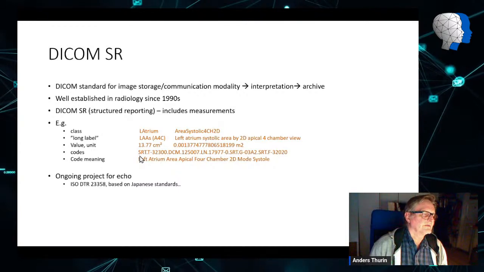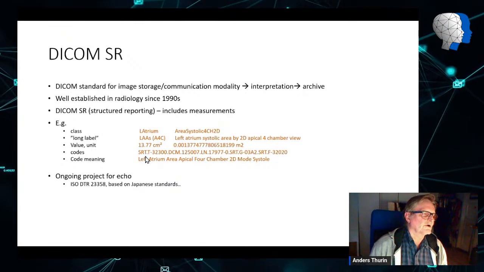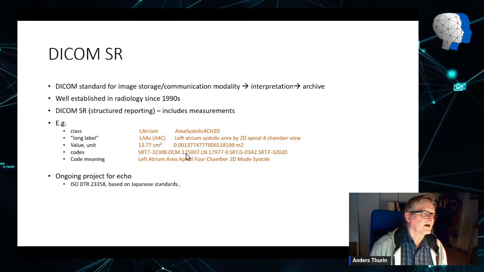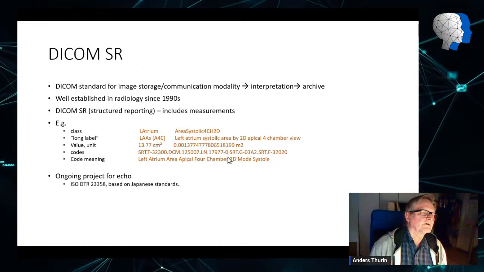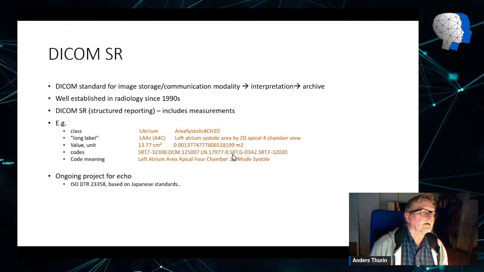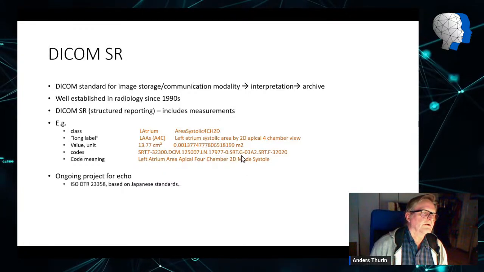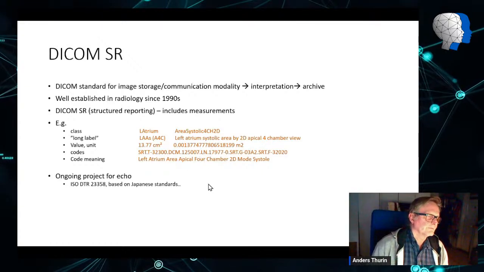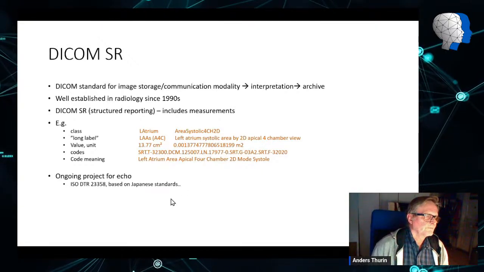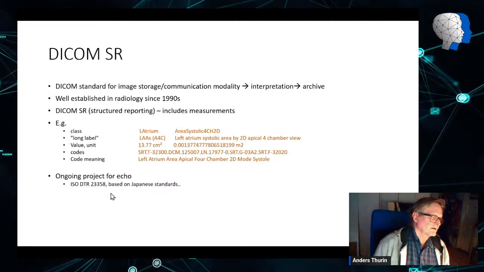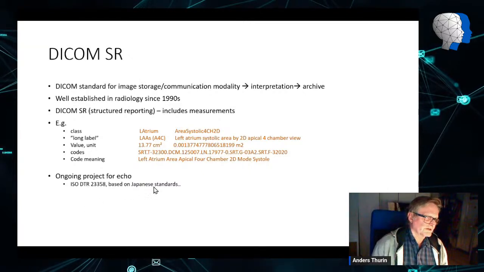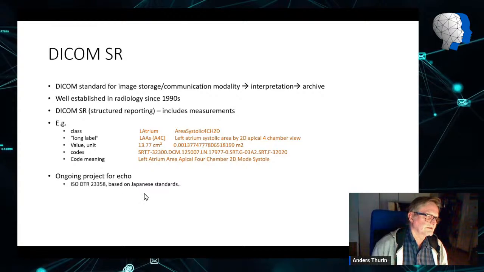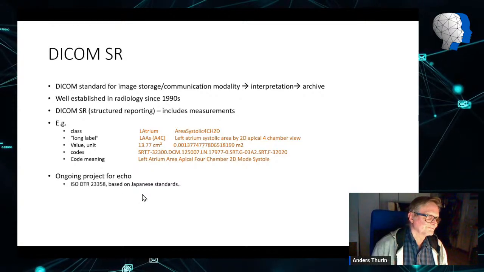But here what is interesting are the codes: a DICOM identifier and a LOINC identifier, and a DICOM SR identifier of the same measurement. There's also a standards project for echocardiography based on a Japanese work in standards.